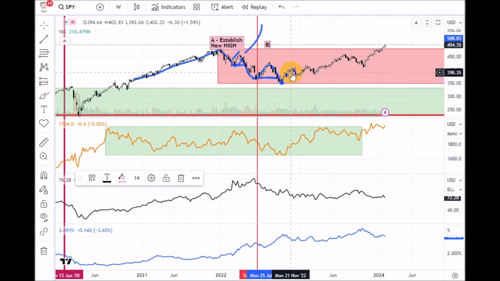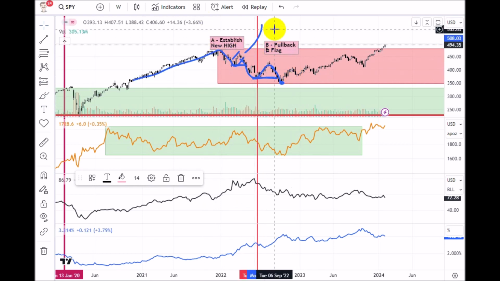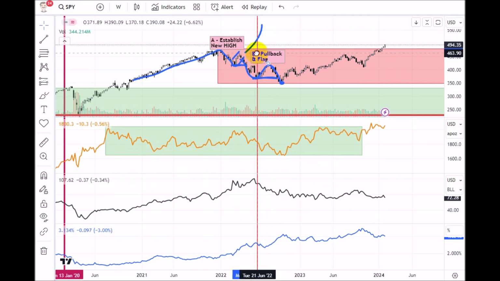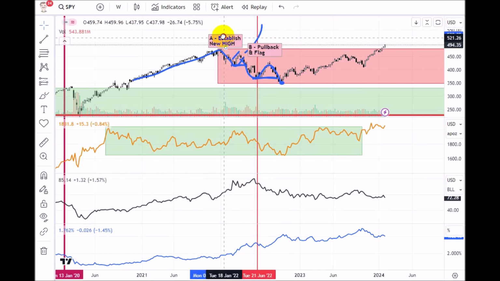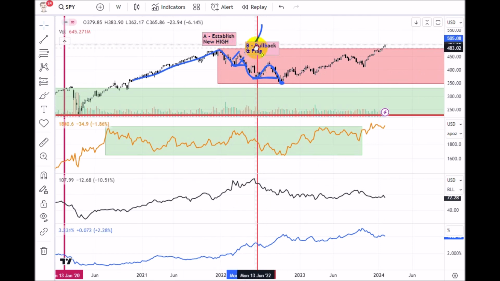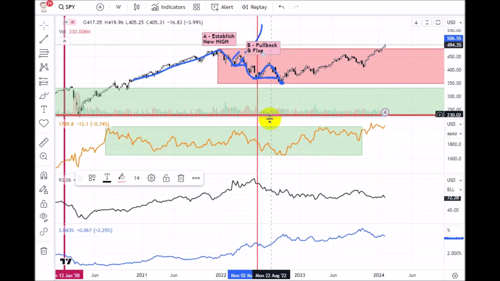B is pullback and flag. So pullback and flag sets up right over here. A sets up here. B sets up right here.